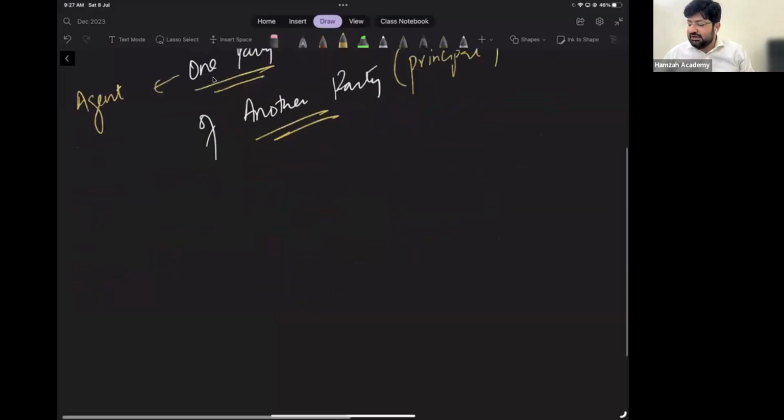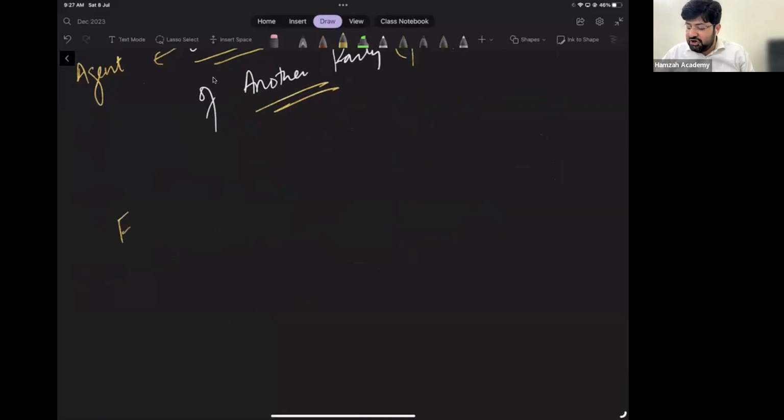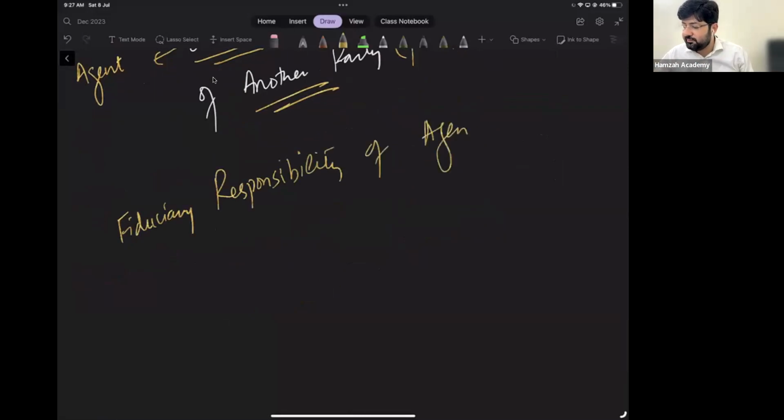Now, students, there is the fiduciary responsibility of the agent. What is fiduciary responsibility?